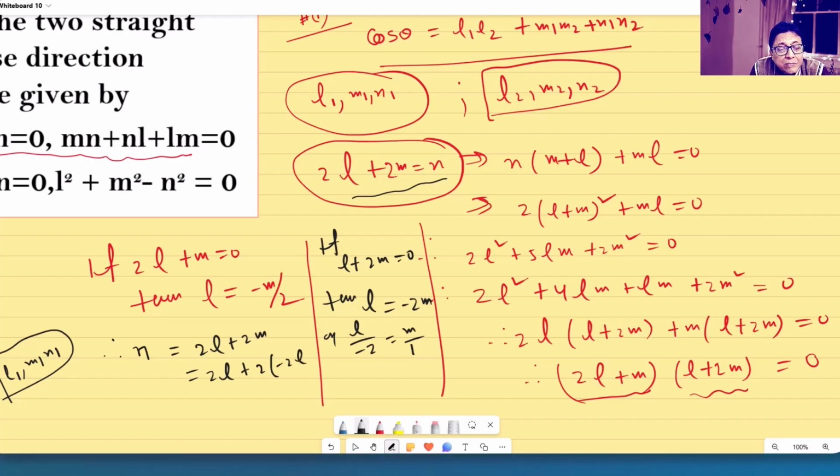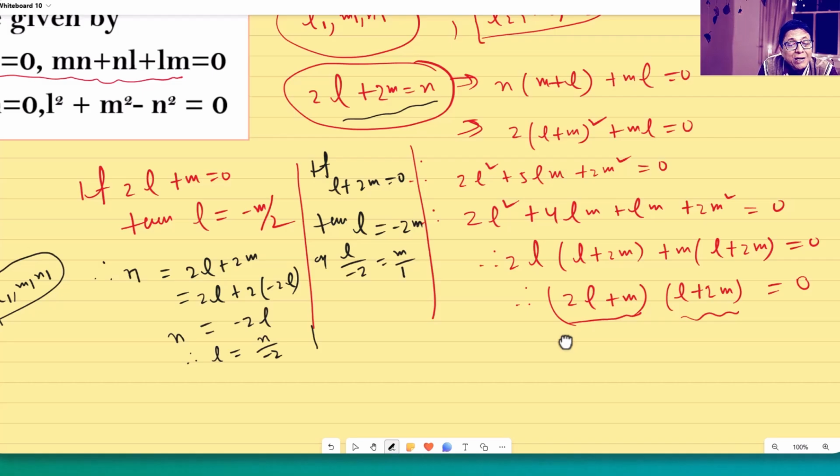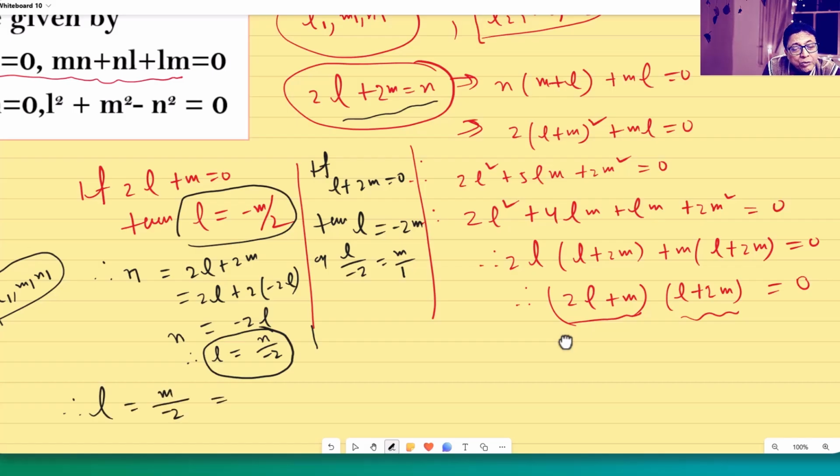Hope you have understood. For the first line you got a relation where all three can be involved by using the concept of ratio only. Here L equals minus M by 2 and here L equals minus N by 2. So L will be M by minus 2, N by minus 2.